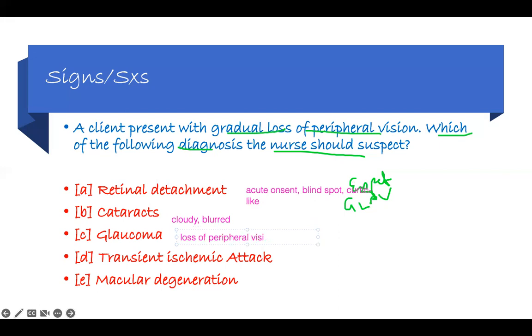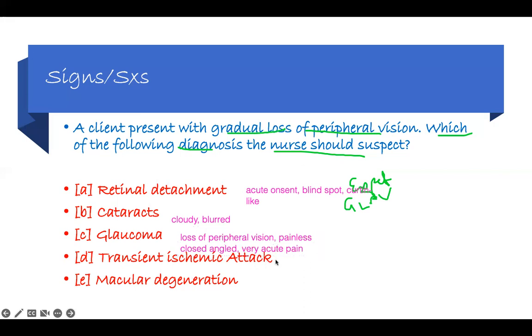So they lose their peripheral vision, and that one is open angle glaucoma, and that one is painless. Then the closed angle glaucoma is very painful, so there will be acute onset, painful, loss of vision right away. That's an emergency. But they never told me that.